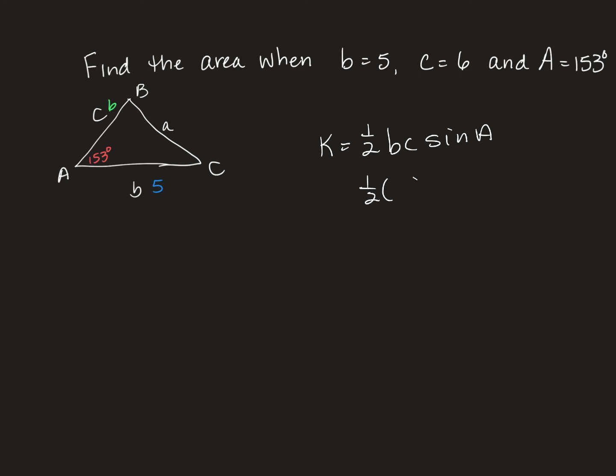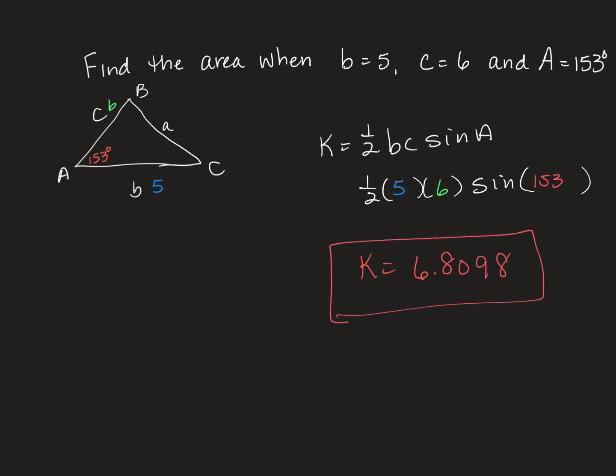This becomes 1/2 times 5 times 6 times sine of 153. Again, do that all on your calculator. We're going to do 1/2 times 5 times 6 times sine of 153, close your parenthesis. You're going to tell me K equals 6.8098-ish. And there's my area.